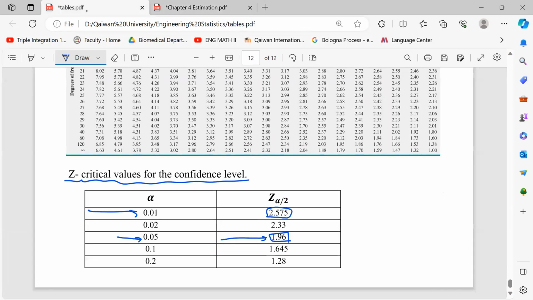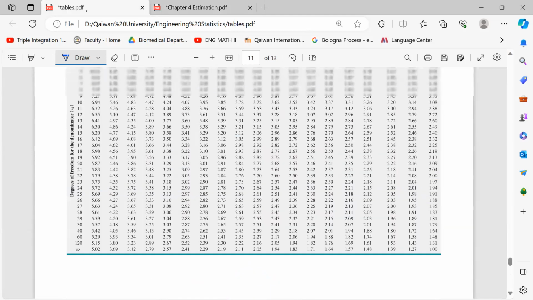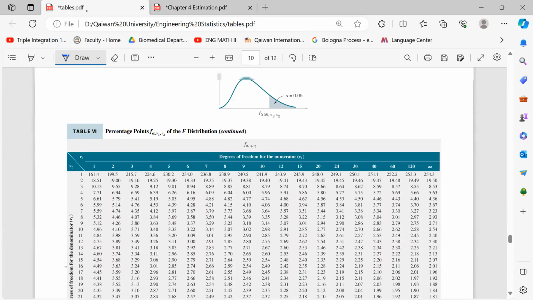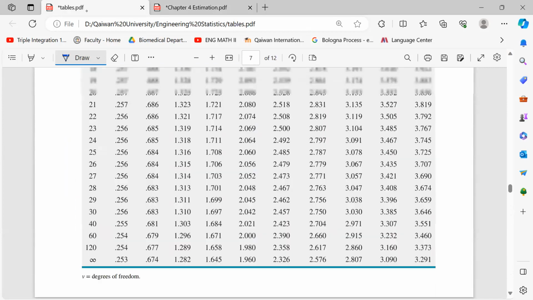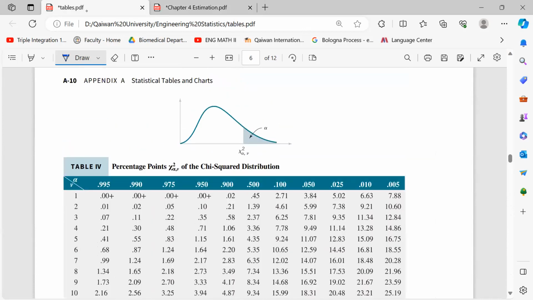We look for the table of chi-squared. This is chi-squared. We look for chi-squared of 0.05 and 19. Where's 0.05?